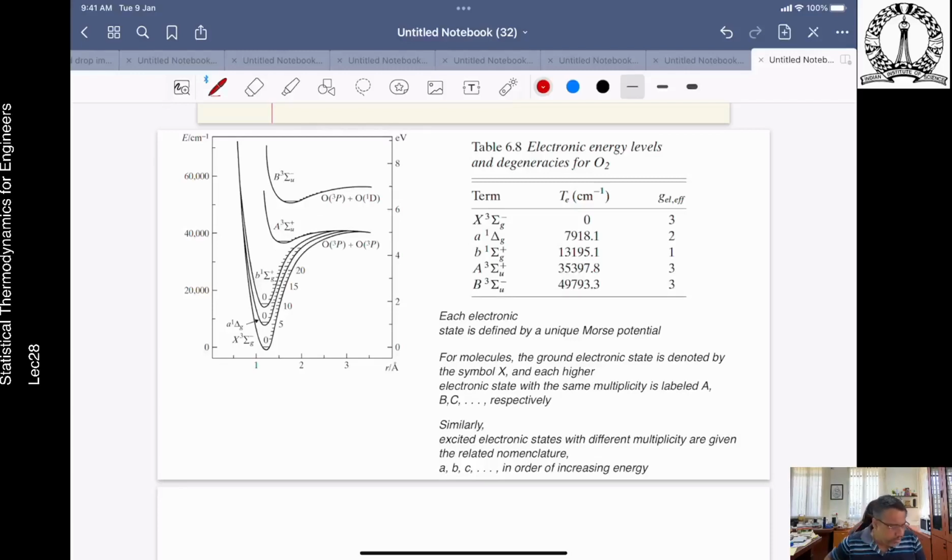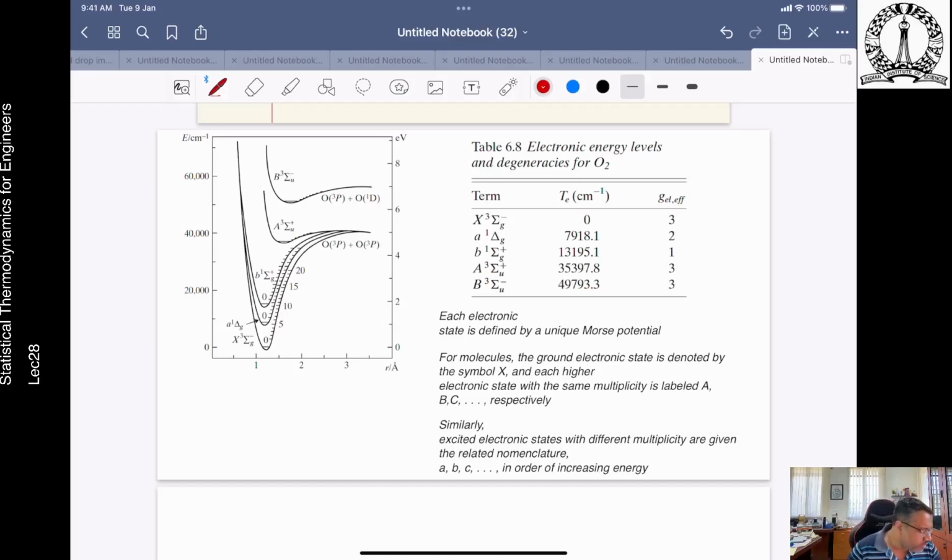Okay, so welcome to lecture number 28 of this statistical thermodynamics course. In this lecture, previously we told you what the effective degeneracy will be for diatomic molecules.